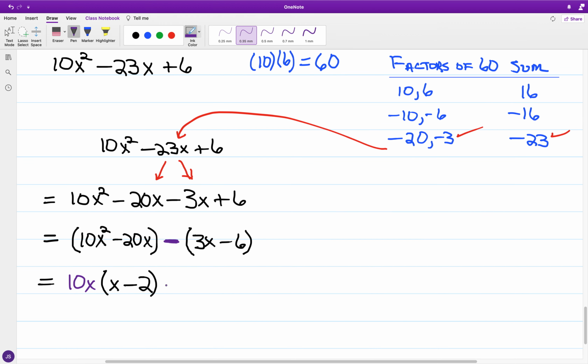And I want to bring down the subtraction. Now for 3x minus 6, the greatest common factor of 3x and negative 6 is going to be 3. So I'm pulling out the 3, and 3 into 3x minus 6 is going to be x minus 2.